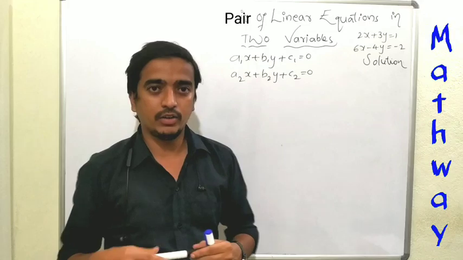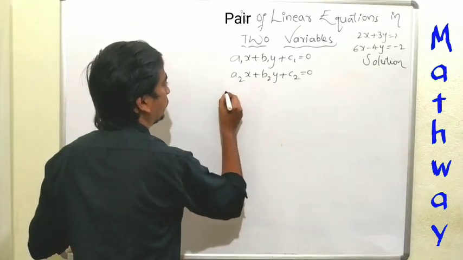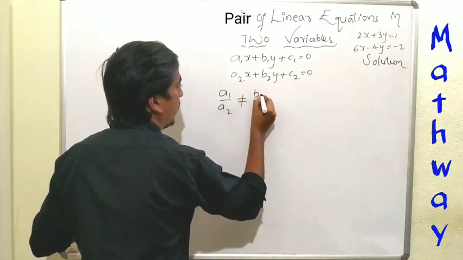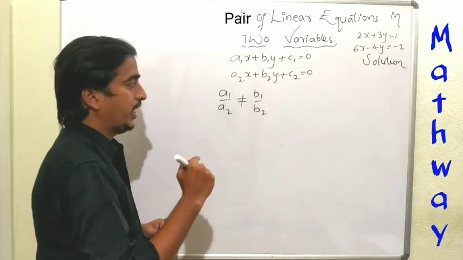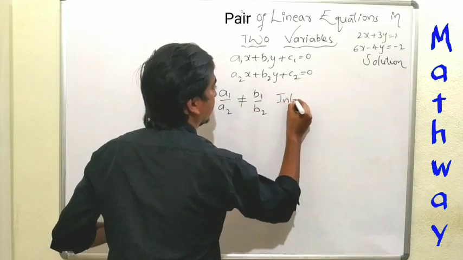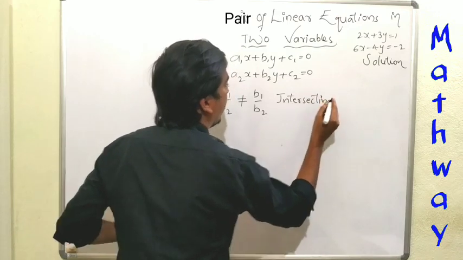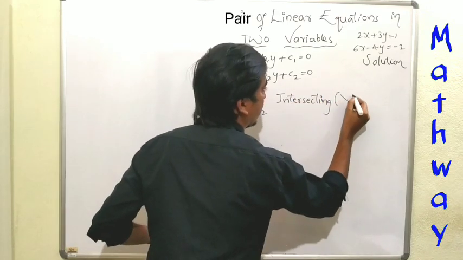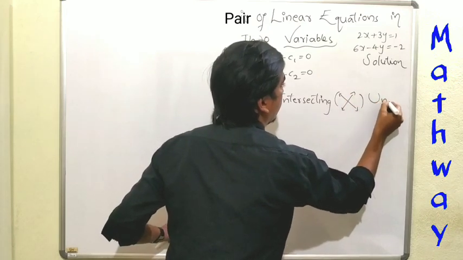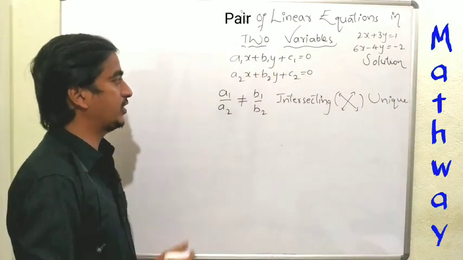When the lines are intersecting, we can see that by using the coefficients: if a1 by a2 is not equal to b1 by b2, then the lines are intersecting, and they have a unique solution. Unique solution means they have only one solution, right? So this is one situation.